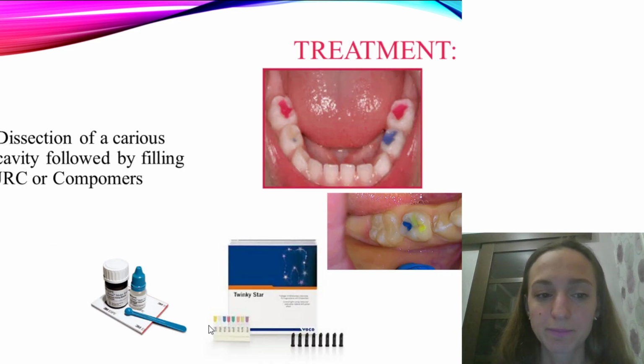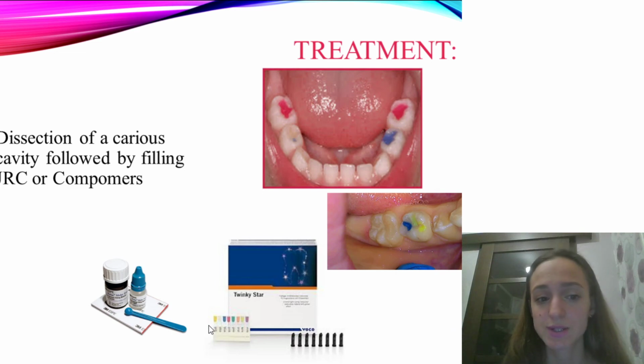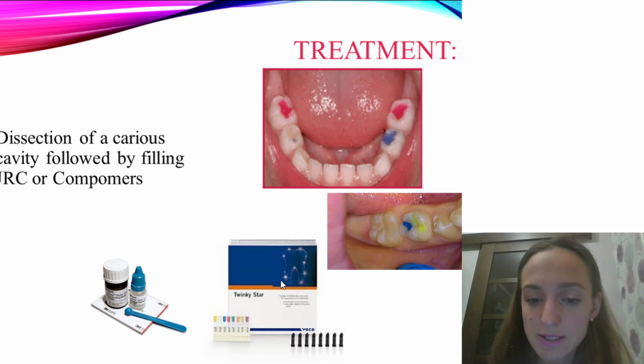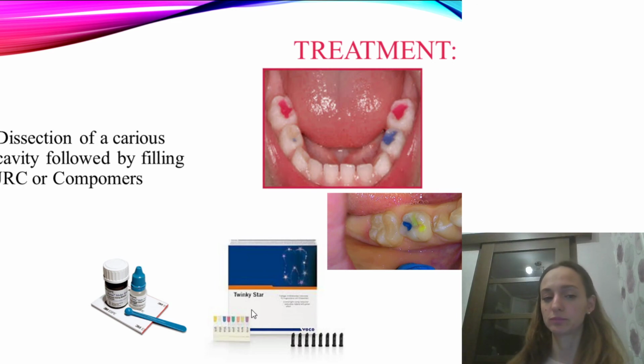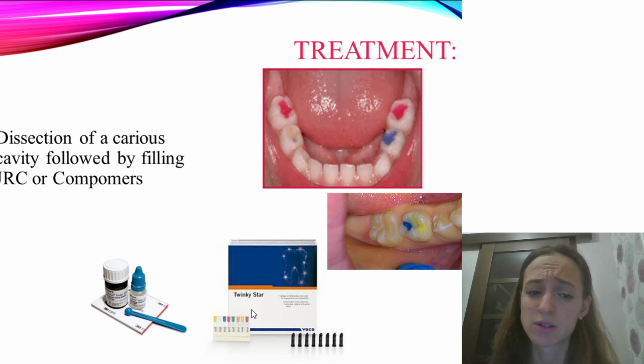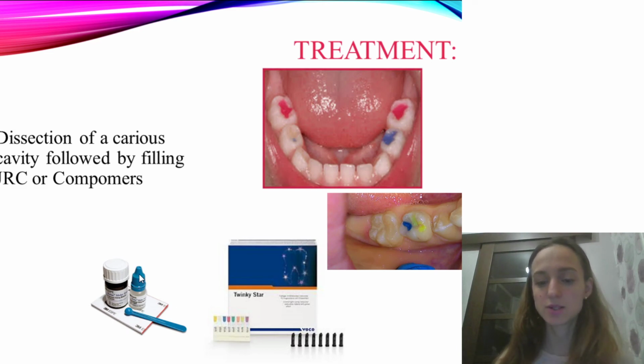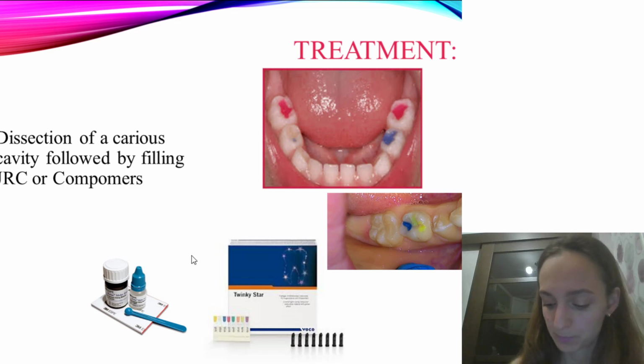Treatment: of course, it is restoration of the cavity followed by filling with composites, compomers, and glass ionomers. It is a material group of compomers. Then you can use, of course, glass ionomer cement, and you can use composites.